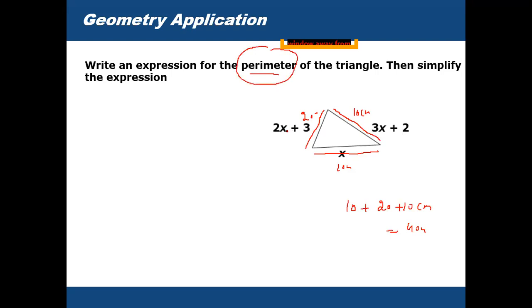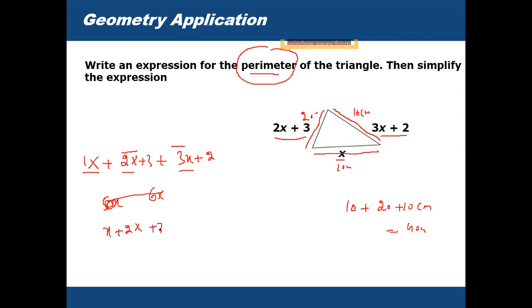Let's suppose one side is given as 2x plus 3, the second side is 3x plus 2, and the third side we know is x. How can we find the perimeter? Add all sides: x plus 2x plus 3 plus 3x plus 2. Now simplify like terms: x, 2x and 3x give 6x.